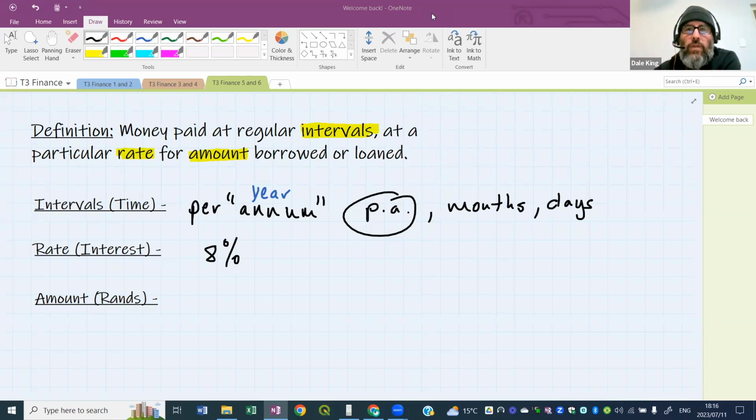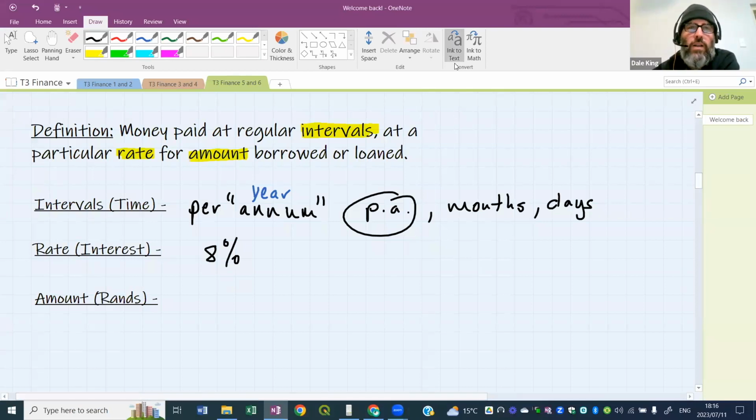Now, after what I've just explained to you, if this is an interest rate, it's missing something, isn't it? What is missing from this 8% that I need to put down there to make it a rate?